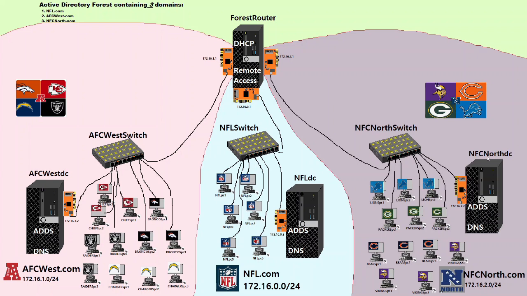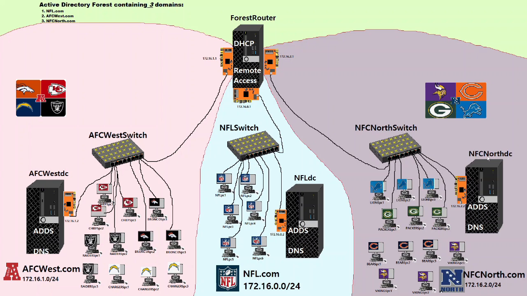So you can just visualize an actual router icon there as well, and it'd be the same, or a layer 3 switch, because we have our 3 private virtual switches underneath, each connected to their respective domains. NFL.com domain is the forest root domain. It is going to be the first domain that we create, and its network ID is 172.16.0.0. The virtual NIC on the forest router, that is the default gateway for NFL.com, is 172.16.0.1.